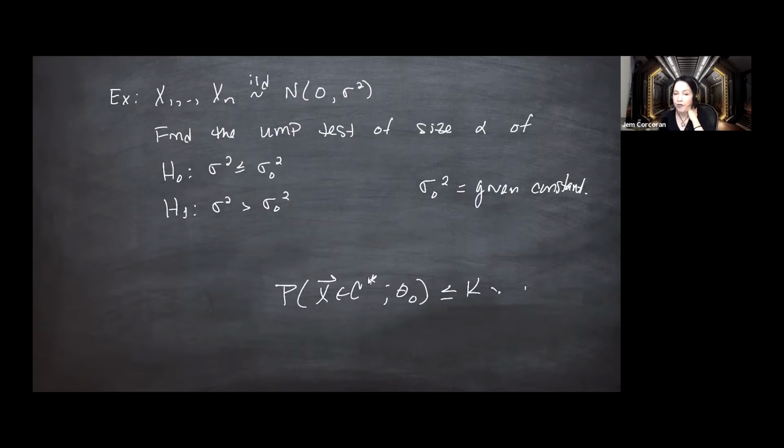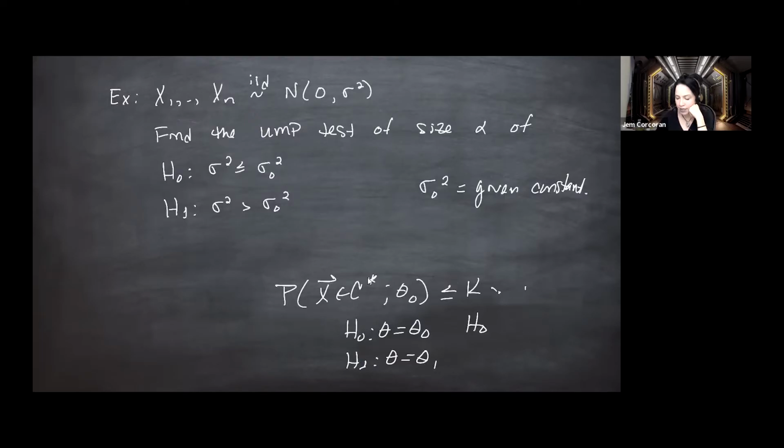You'll see that the proof still holds for a composite null hypothesis. This was for simple versus simple, but it still holds if the maximization you use when finding your cutoff k, based on alpha, occurs at the endpoint of the parameter space.